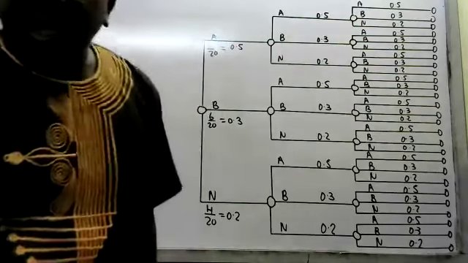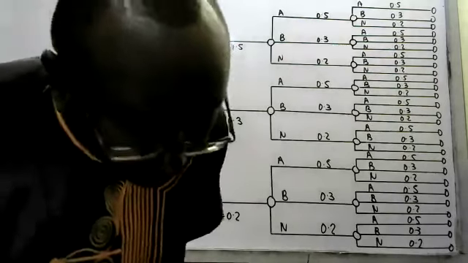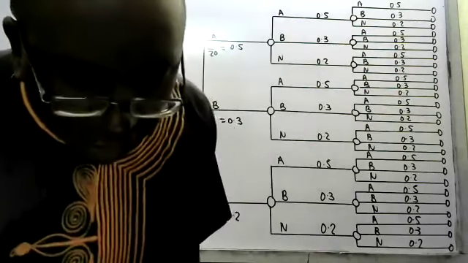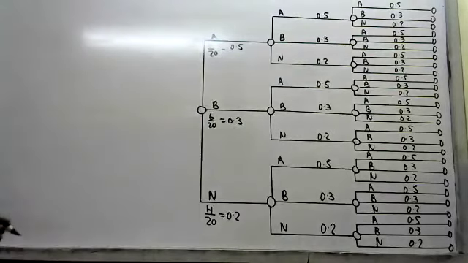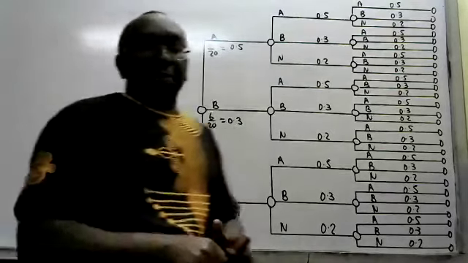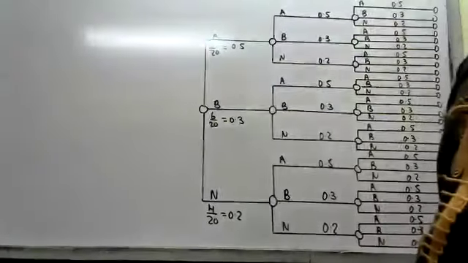So the first question is then, what is the probability that A will obtain all the three?